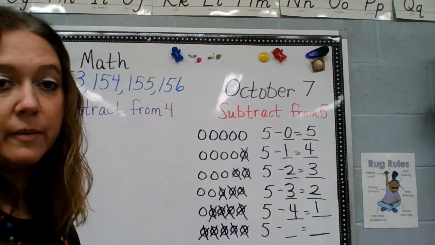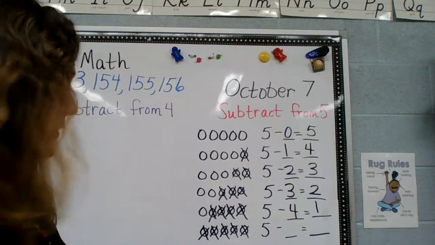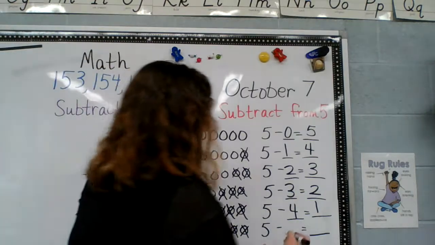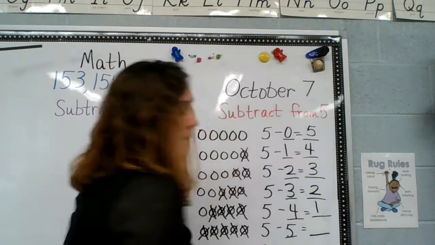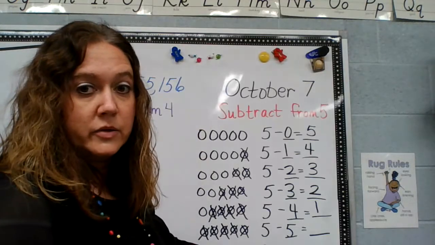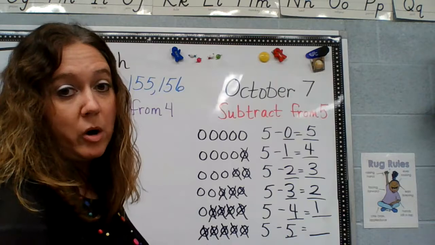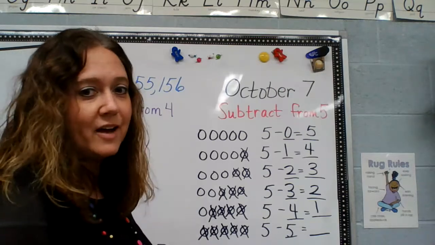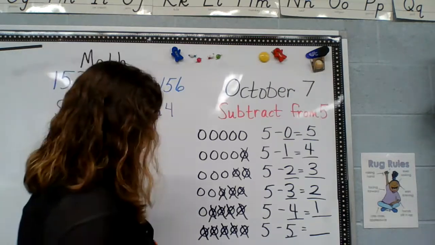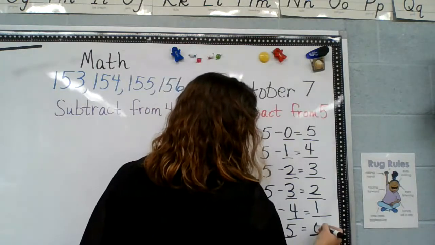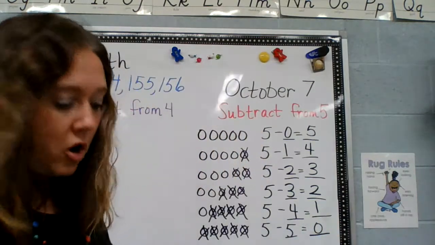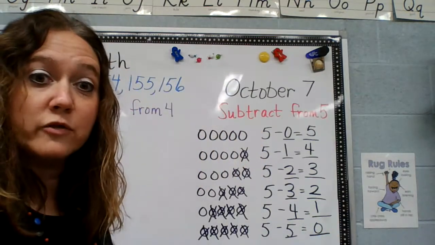Crossing off all of them. So when we crossed off all of them, that means we crossed off 5 of them. So 5 minus 5, how many are left? We took them all away. That means there's nothing left, like we talked about last week, equals 0. So these are all of the ways to subtract from 5.